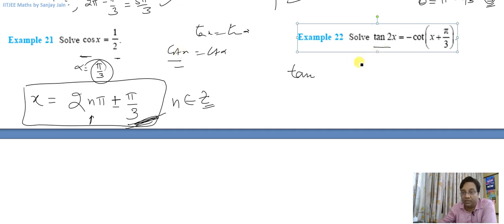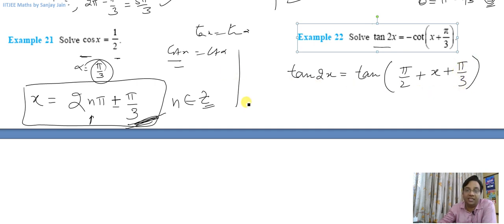Okay. Now in this question, tan of 2x is equal to minus cot of x plus pi by 3. So if I write it as tan, let us say, which quadrant should I take it to? If I take it to the second quadrant, tan is negative there. So tan of pi by 2 plus x plus pi by 3. What I mean is tan of pi by 2 plus theta is equal to minus cot theta, right?